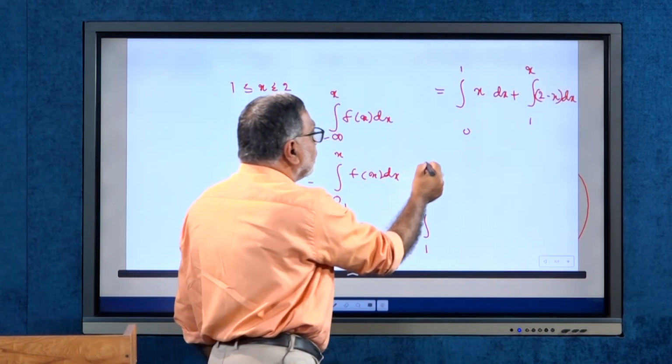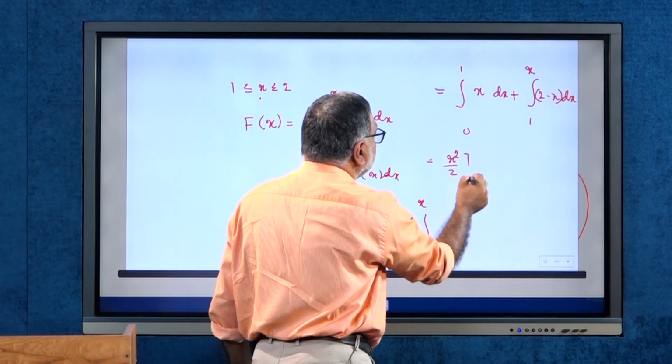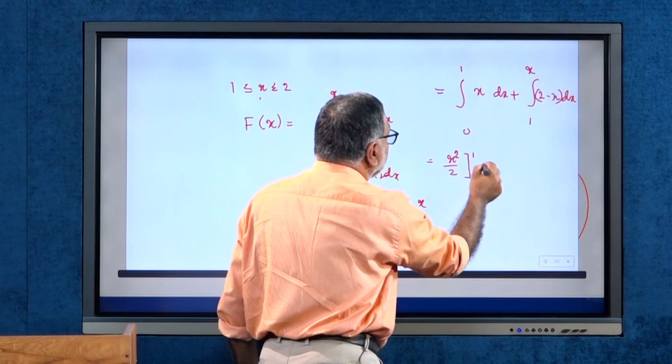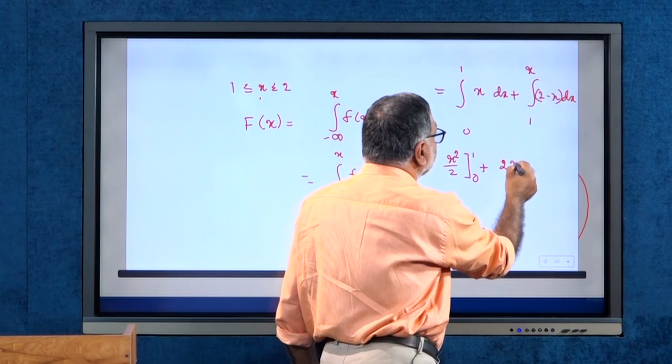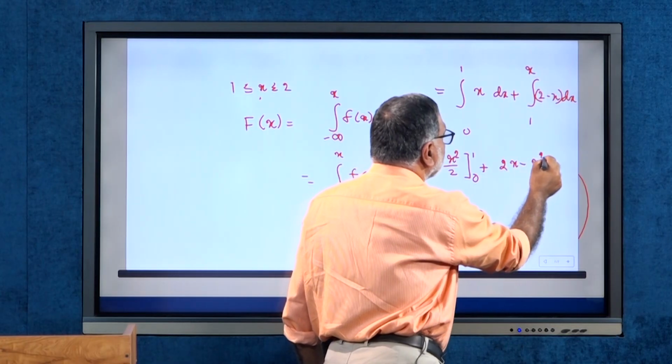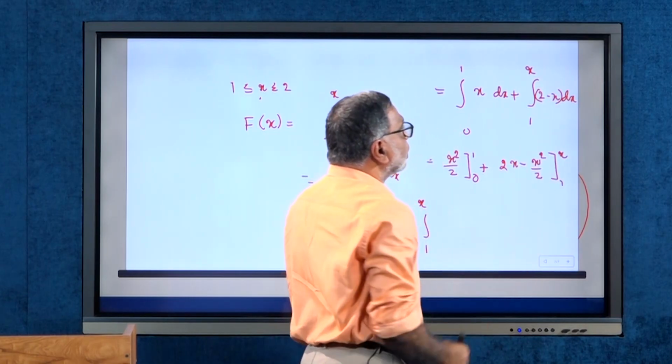Simplifying, the integral of the first is x square divided by 2, from 0 to 1, and integrating the second we get 2x minus x square divided by 2, from 1 to x.